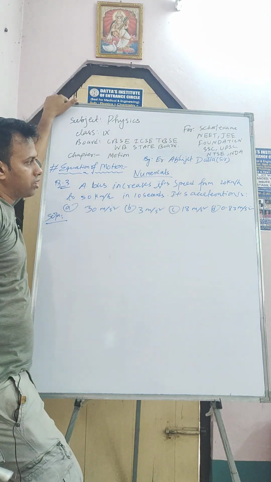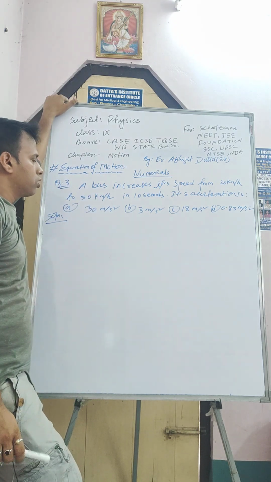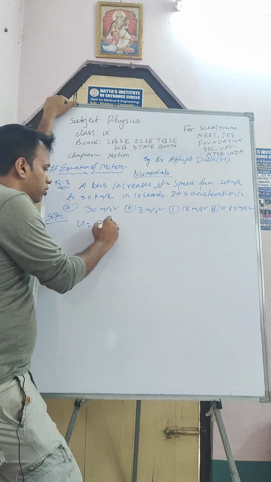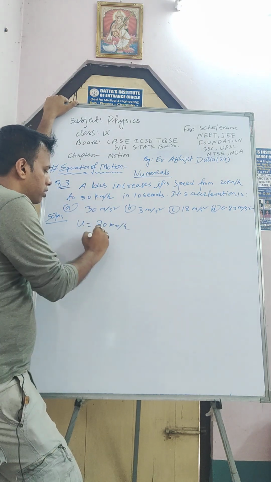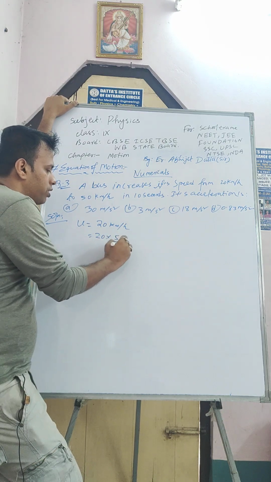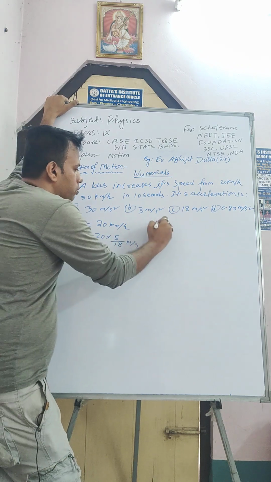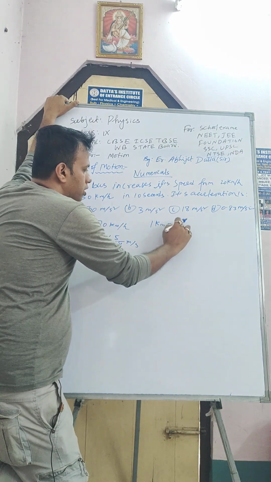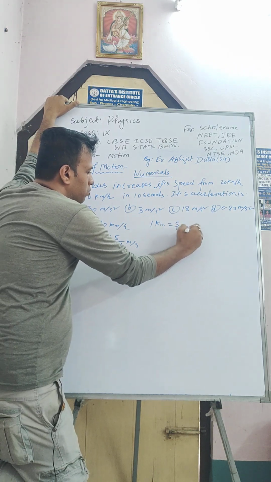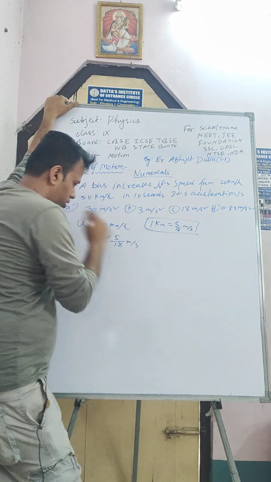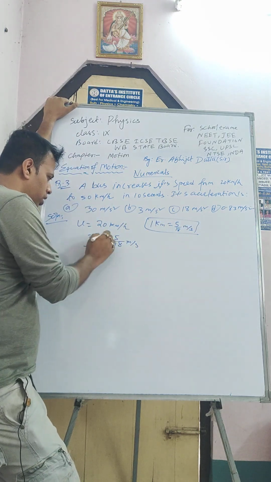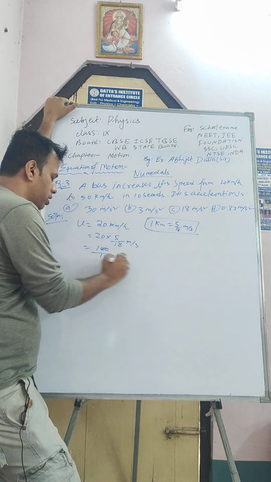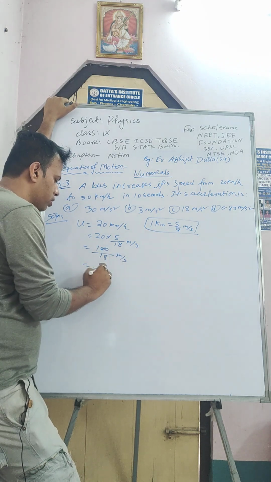A bus increases its speed from 20 km per hour to 50 km per hour. So initial velocity, what, sir? Here 20 km per hour. You convert it into meter per second, 5 by 18 meter per second. You have to know this one: 1 km per hour is equal to 5 by 18 meter per second. So 20 into 5 by 18 is 100 by 18, which will be 50 by 9 meter per second.